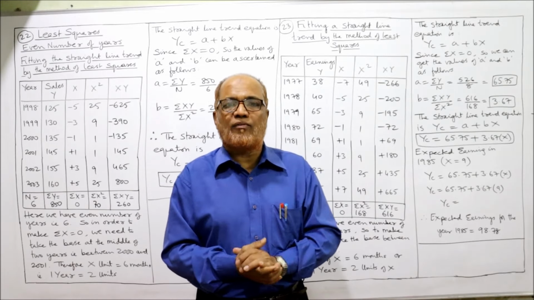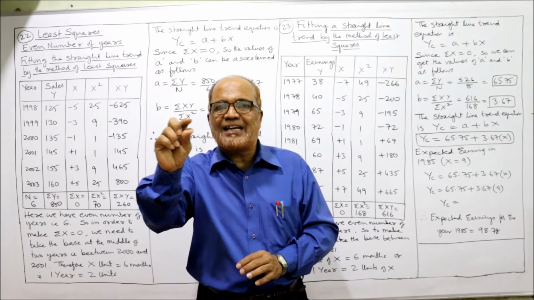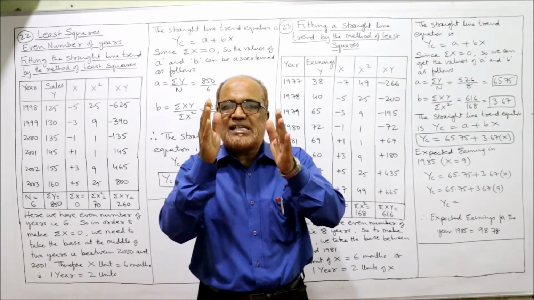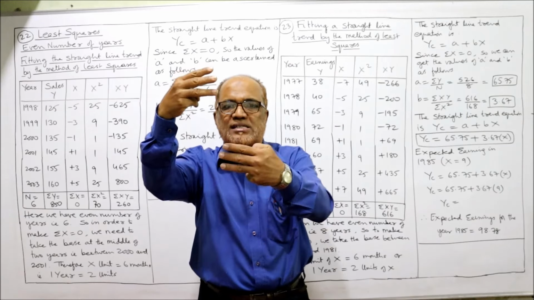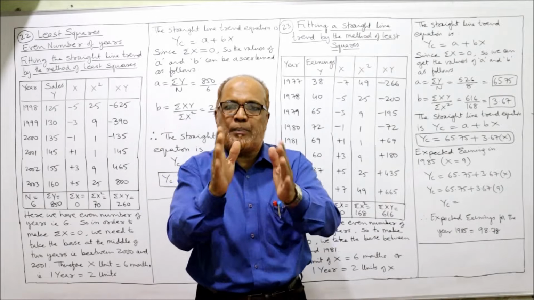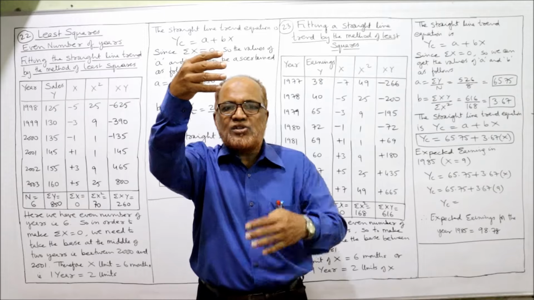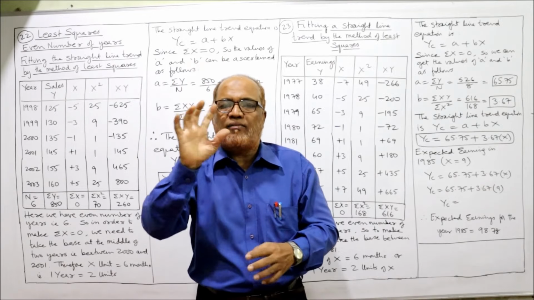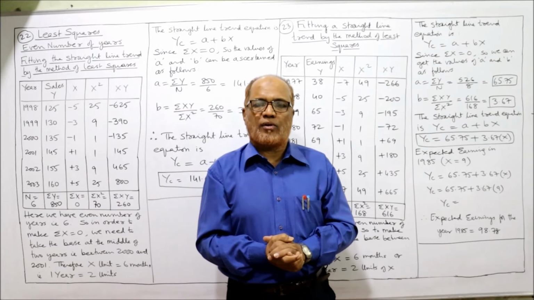In odd number of years, easily we can find the central year. Example, if 7-year data is given, leave the first 3 and last 3. So the central year is the midpoint, that is the base. If 9 years are there, leave the first 4 and last 4. The central year is the base. Easily we can take it with odd number of years.